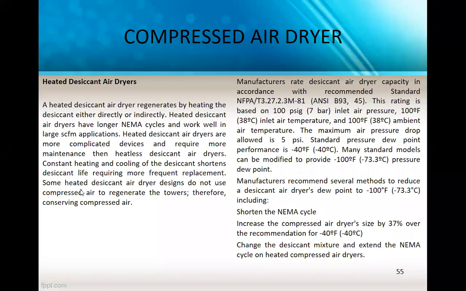Now, for the heated desiccant air dryer, a heated desiccant air dryer regenerates by heating the desiccant either directly or indirectly. Heated desiccant air dryers have longer cycles and work well in large SCFM applications.